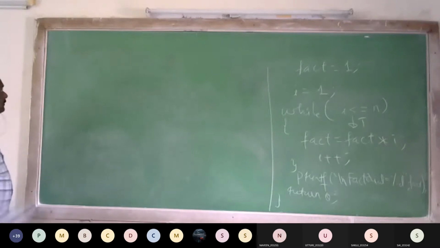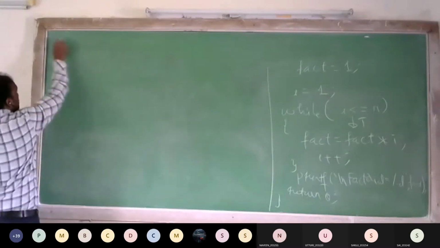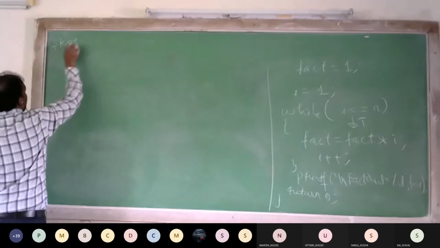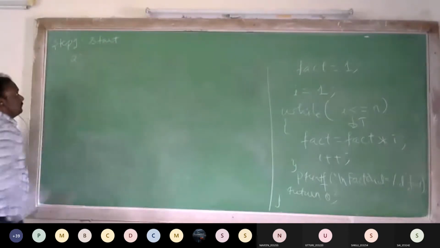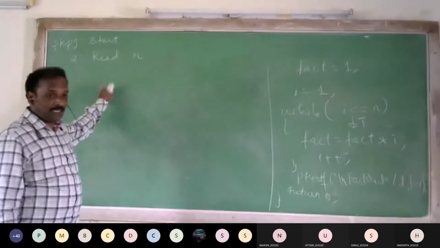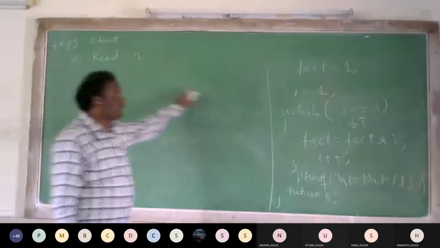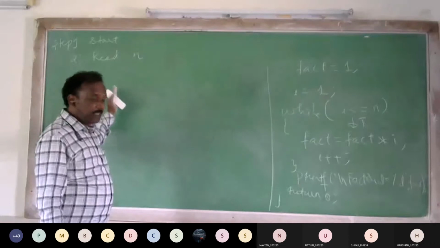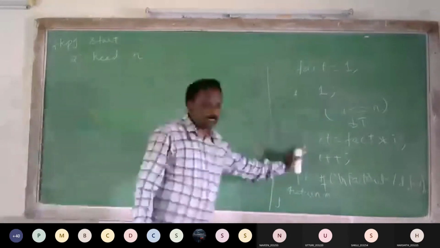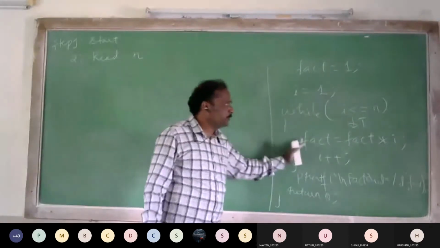Now, what is the algorithm I have written? Just a revision. Step 1 will always be start. Already I explained how to write the algorithm and how to write the flowchart. Now I am showing you how I have converted that algorithm and that flowchart into program.